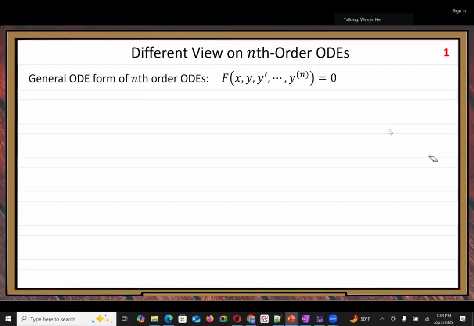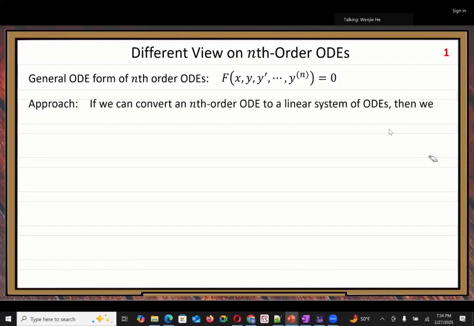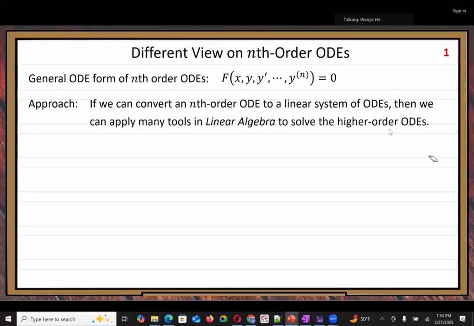So here we want to use a special view to make the order lower. If we can make the order lower, then we feel more comfortable. The approach: if we can convert an nth order ODE to a linear system of ODEs, then we can apply many tools in linear algebra to solve the higher order ODEs.